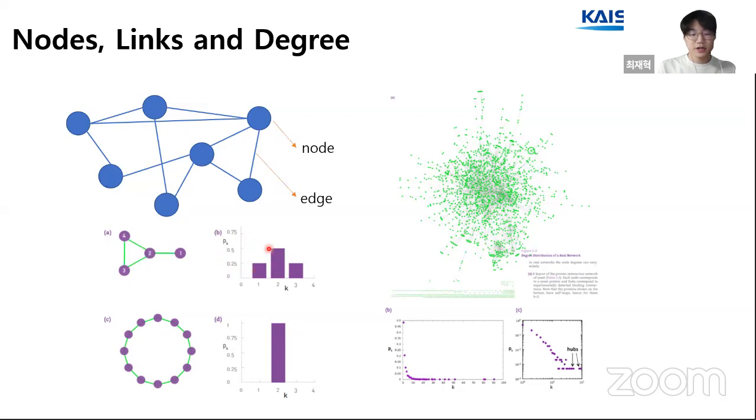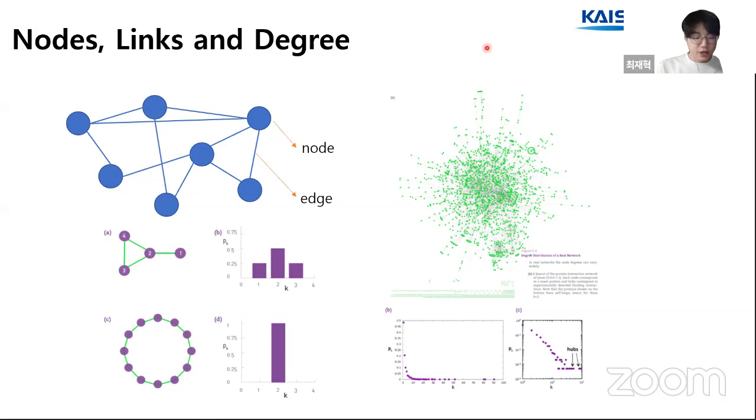Image B shows the frequency, the probability, on the y-axis, with the x-axis being the size of the degree. Image C shows a network with 12 nodes, each with a degree of 2. Such degree distribution of networks determines the characteristics of the system.